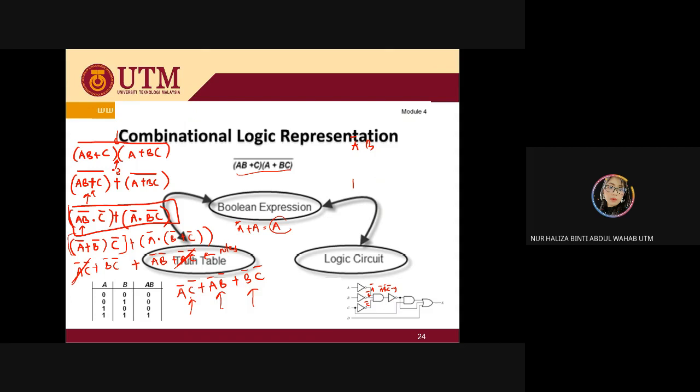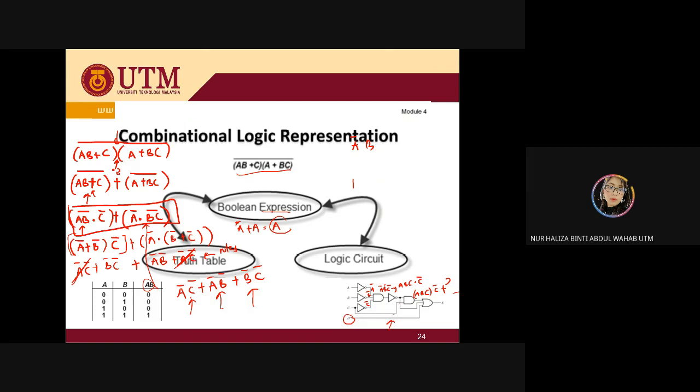And from here, it's going to get A, B, C. And at the back, you have C bar. A, B, C dot C bar. And after that, you plus with D. So this one is totally different because it has the D. But this is the one from the circuit you can get also Boolean expression. For this truth table, I think it is also not represent this Boolean expression because it has B.